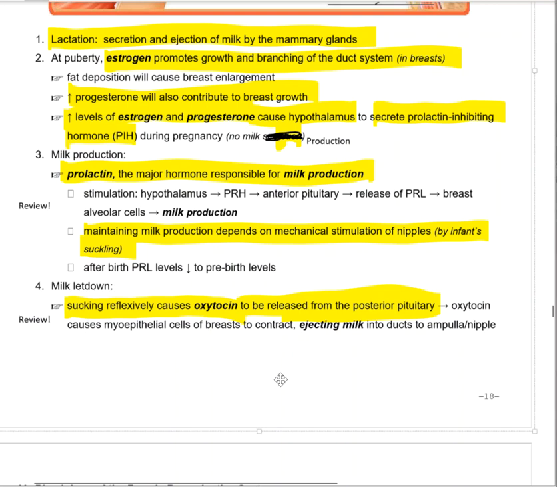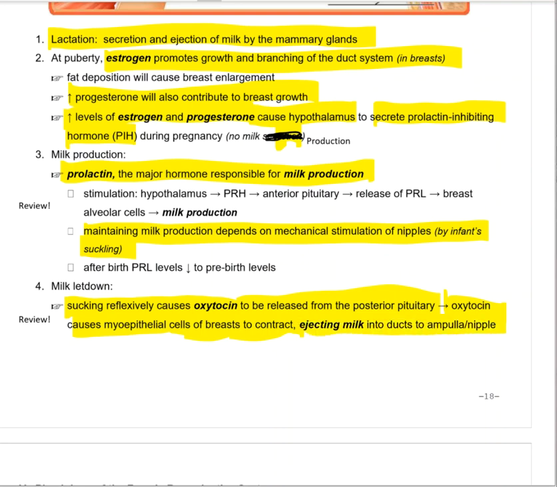And that oxytocin causes myoepithelial cells of the breast, which we didn't list up there, but these are epithelial cells that have muscle-like contracting power. So even though they're not muscle, they contract like muscle, and they eject milk into the ducts, and into the ampulla, and then into the nipple and out.